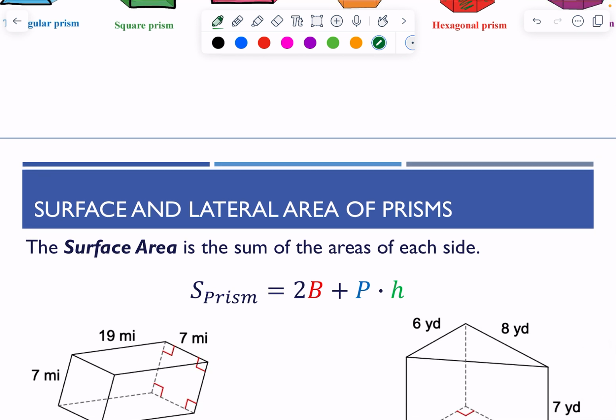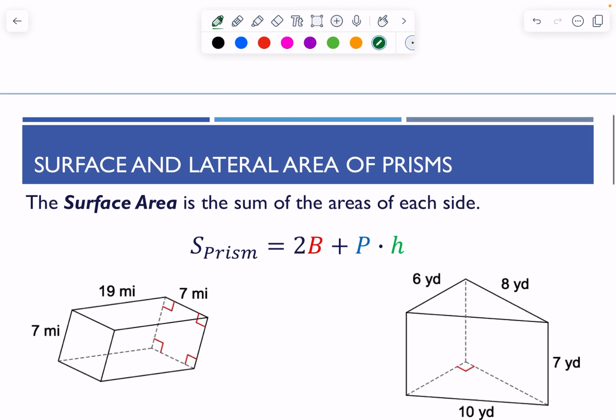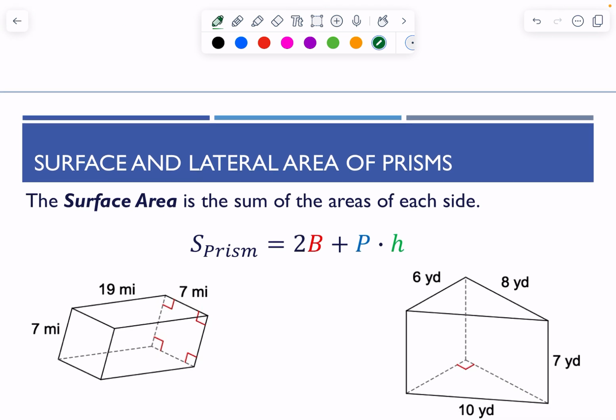So what we are going to be looking at is surface area and lateral area of prisms first. The surface area is the sum of the areas of each side. For a prism, the formula is 2 times the area of the base.